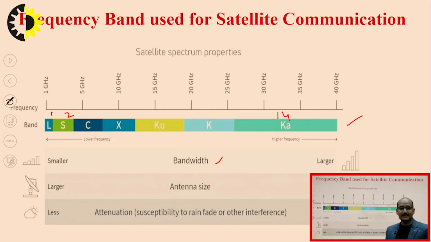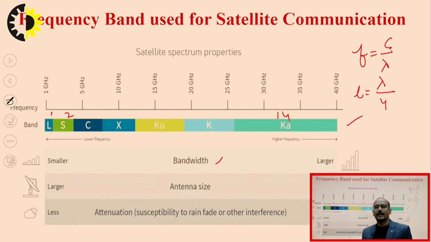Then the antenna size. As I told you earlier, frequency f is equal to c by lambda, and the minimum length of the antenna for a particular frequency is lambda by 4. It means if the wavelength is high, the length of the antenna is large. If the wavelength is small, it means frequency is high, so antenna size is small.